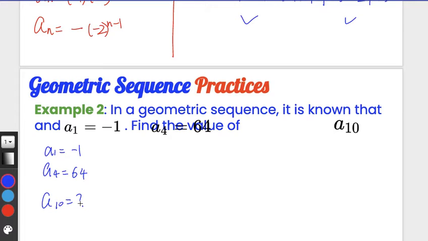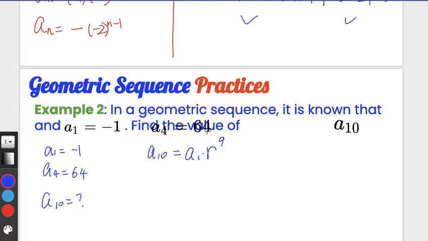Now let's check how we find this answer. What we need to do is take the first term times the common ratio, and 10 minus 1 gives the ninth power. That's basically the answer.